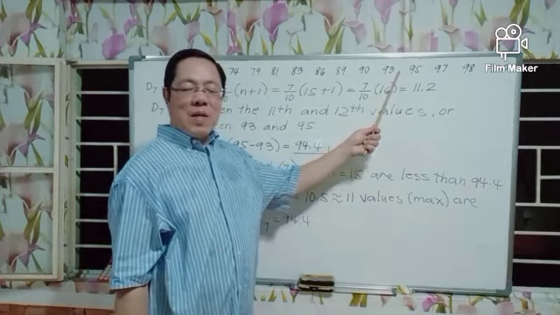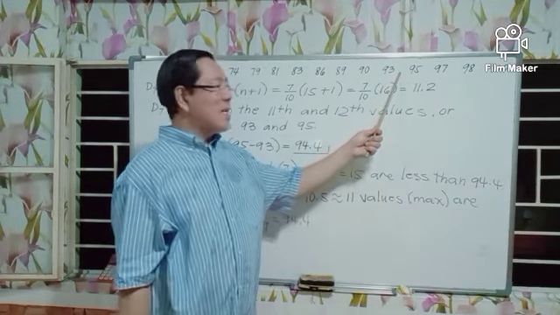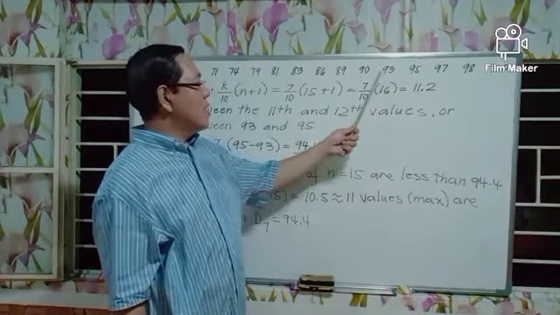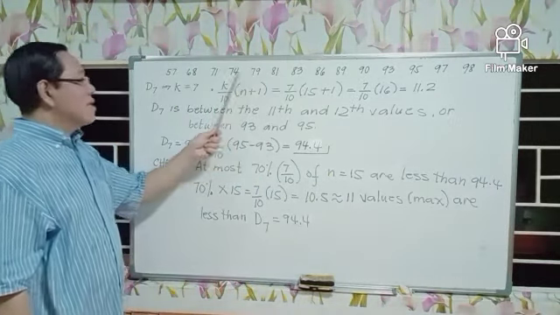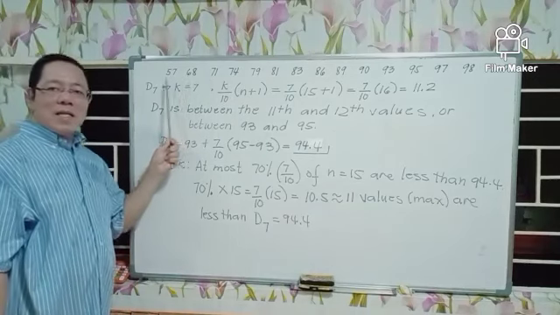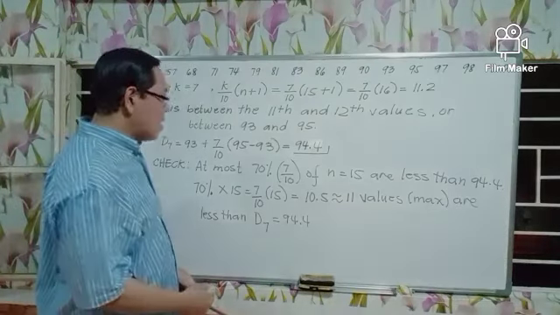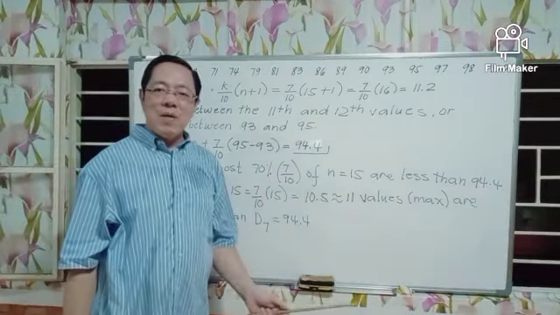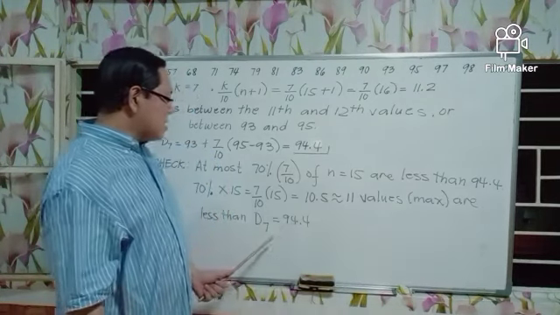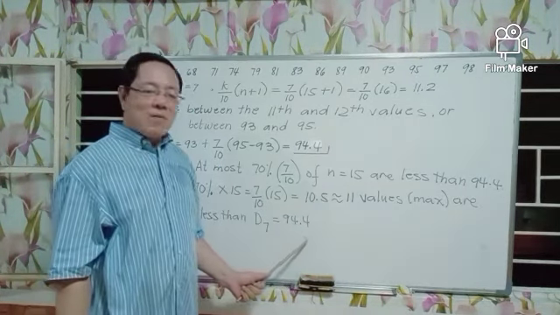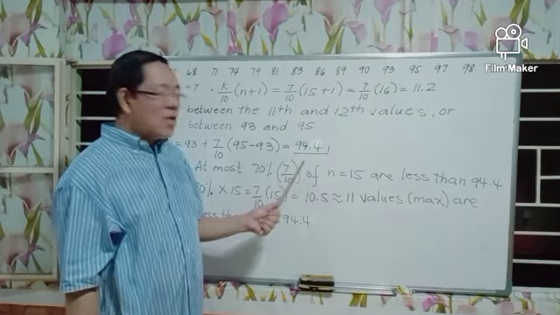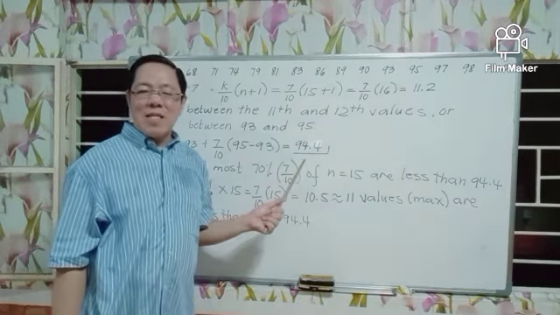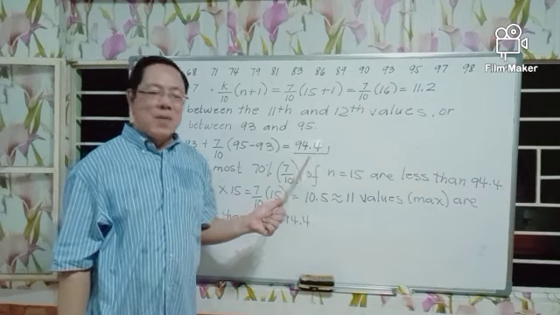So we count: 1, 2, 3, 4, 5, 6, 7, 8, 9, 10, 11. We have exactly 11 values that are less than the 7th decile, 94.4. Hence, we conclude that the value we get for the 7th decile, 94.4, is correct.